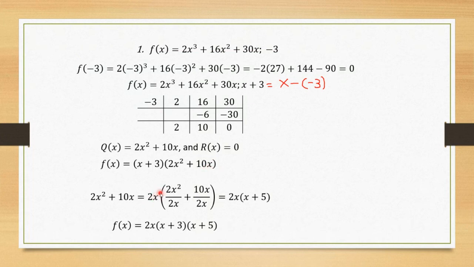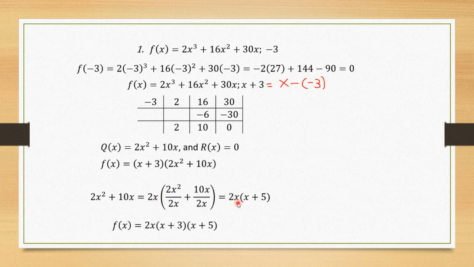We factor that out. As you can see, we divide to get what's remaining, so we get 2x times 2x squared over 2x plus 10x over 2x, right? When you factor, whatever you're pulling out, you put it in front.